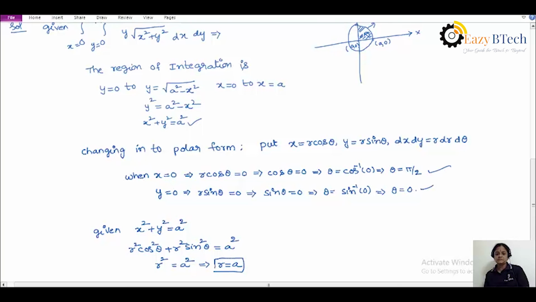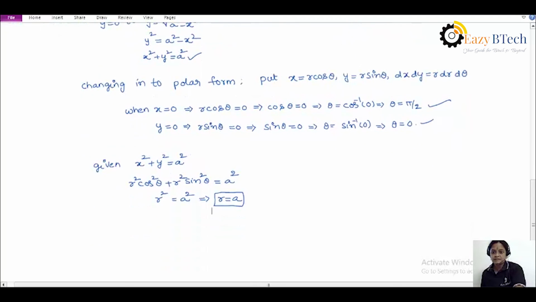This becomes the upper limit here. Because the required region is in the first quadrant only, the lower limit of r is 0 only. Okay. So I am writing the limits here. R limits are 0 to a and theta limits are 0 to pi by 2.